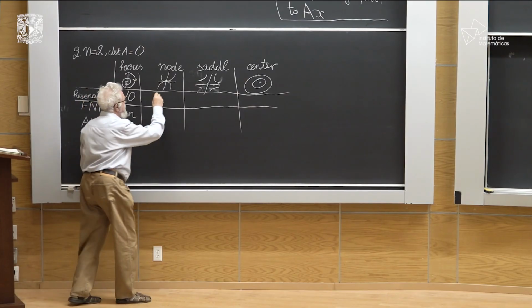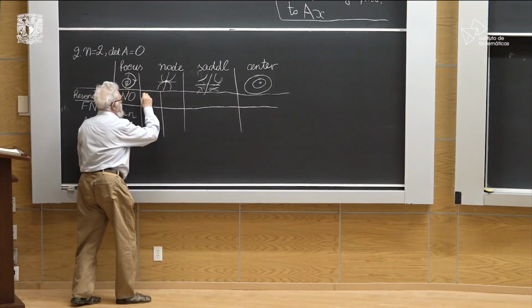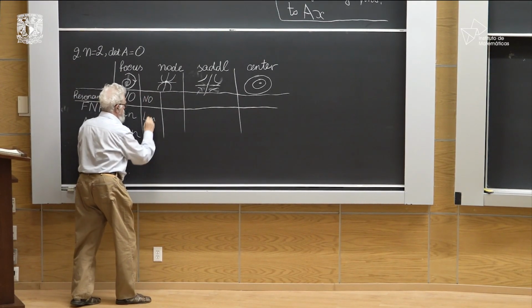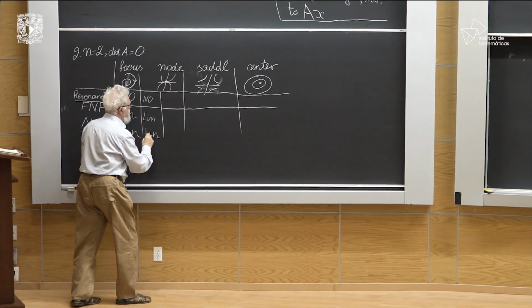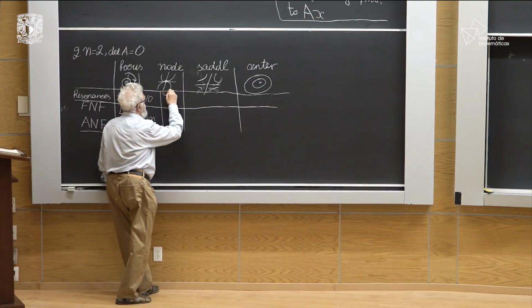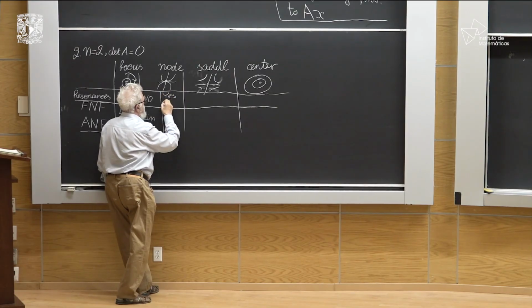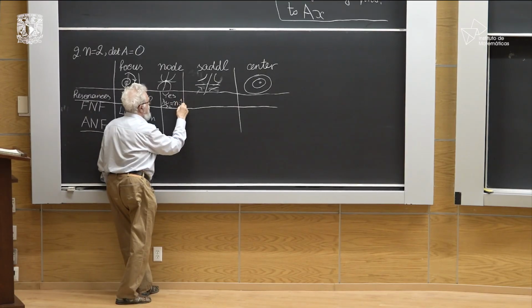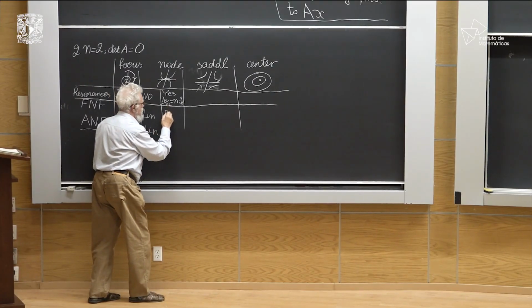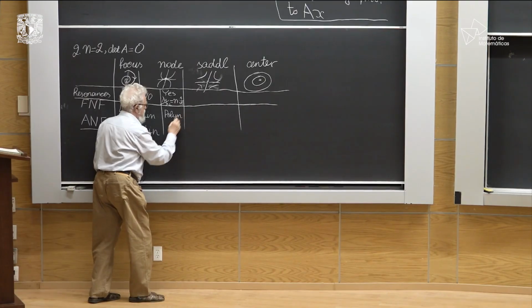What about the node? If there are no resonances, then the normal form is again linear, formal normal form, and the analytic one also. But if resonances are present, then this implies that the ratio of the eigenvalues is either an integer or inverse to an integer, and the formal normal form is polynomial.